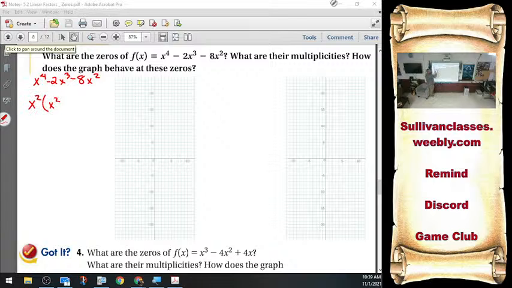Leaving x squared minus 2x minus 8. How does that factor? Come on now. Factors of -8 that add up to -2. There we go.